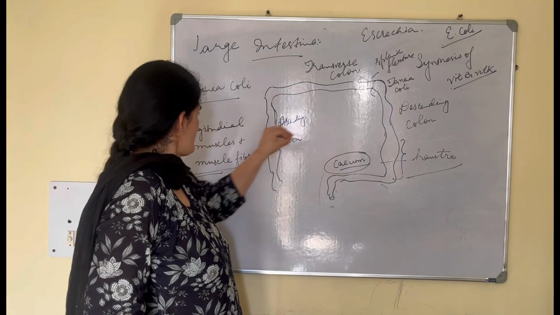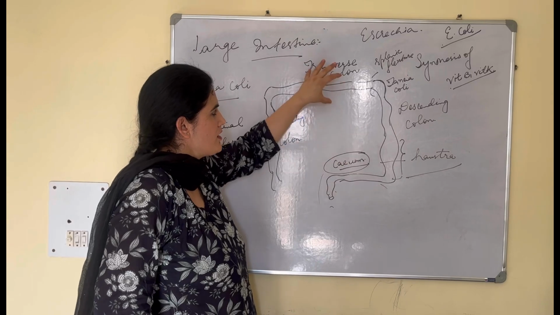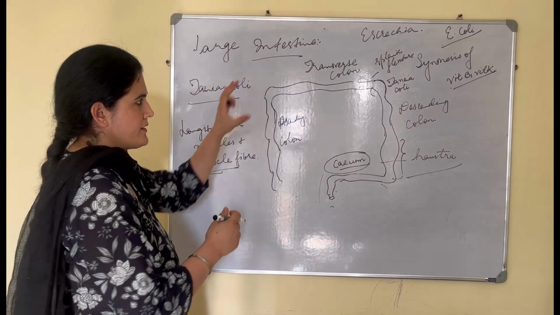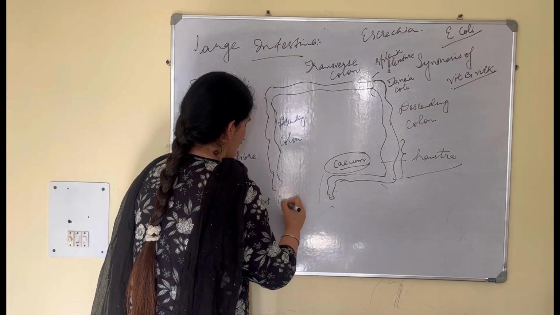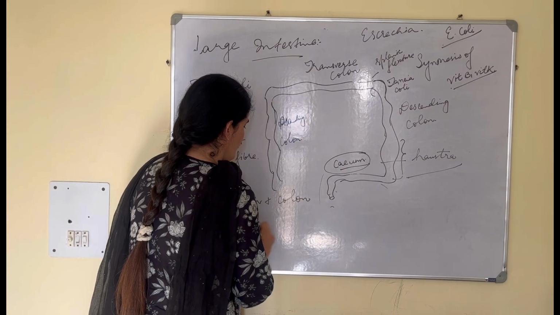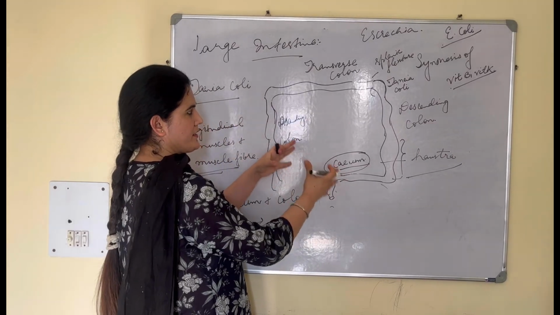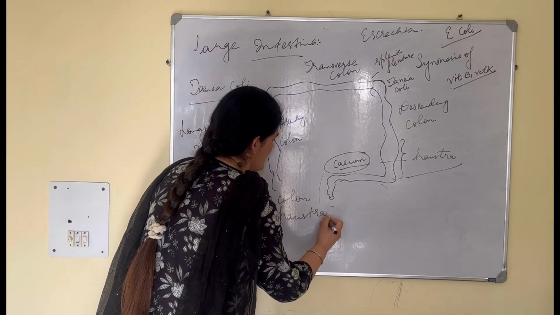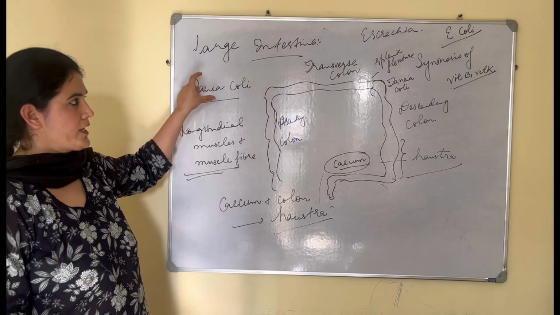And now see students, the length of the tinea coli is less than the cecum and colon. So what happens next? The cecum and colon together form a sac-like structure, which is called the haustra. Okay, so these are two technical terms here.